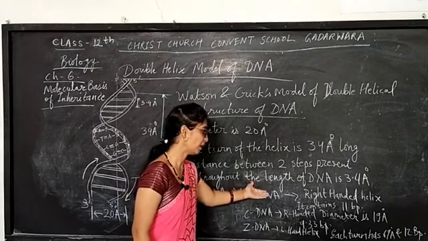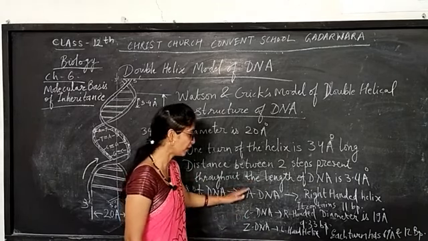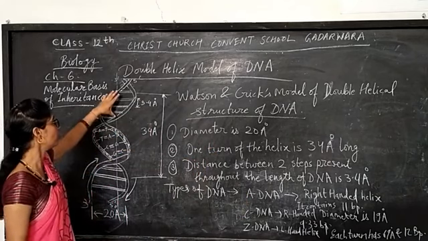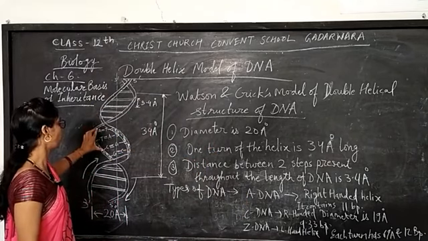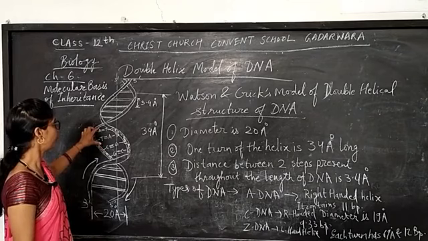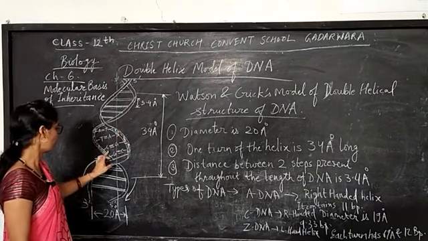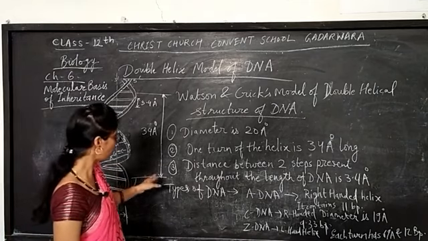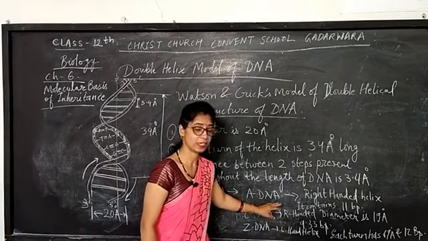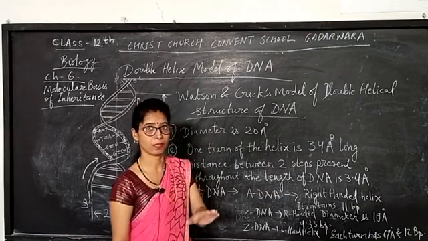It is a right-handed helix, and it contains 11 base pairs in one turn. In this structure you see that in one turn of the helix there are 10 base pairs present, but in A-DNA it contains 11 base pairs.